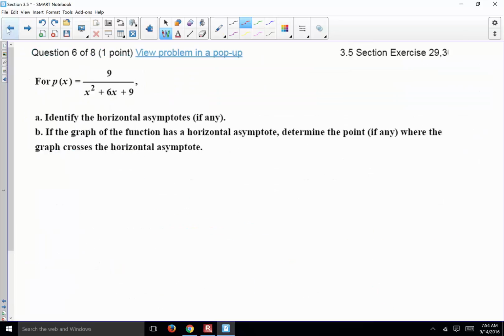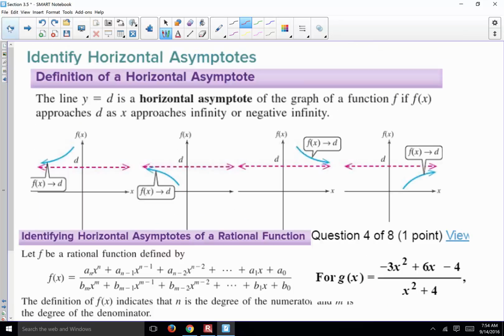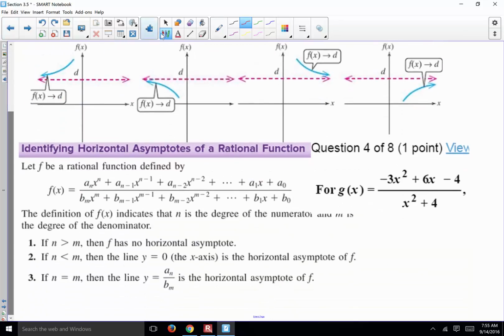Do you need to remember that? N is the power of the top. M is the power of the bottom. There are 3 cases. If top is more than bottom, then we have nothing. If top is less than bottom, we have y equals 0.